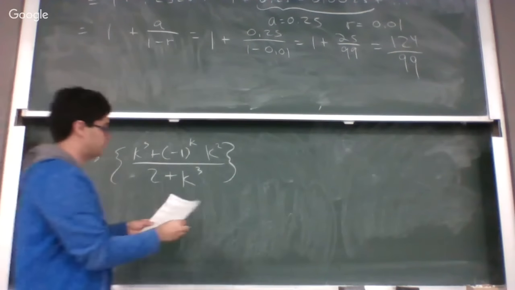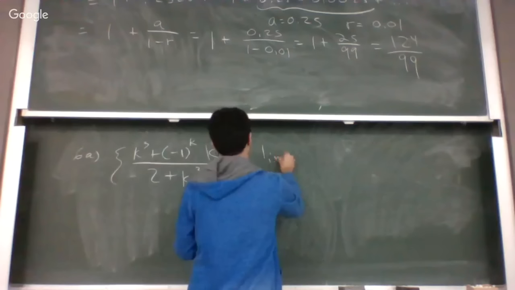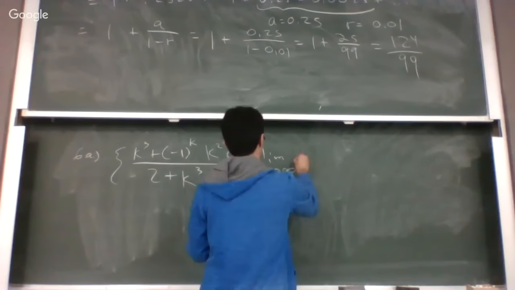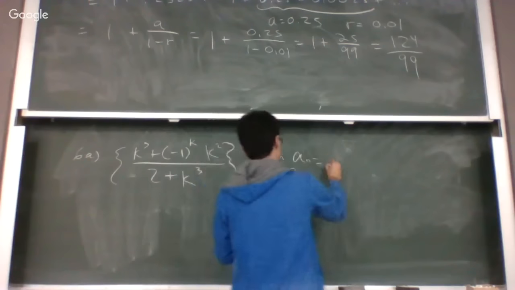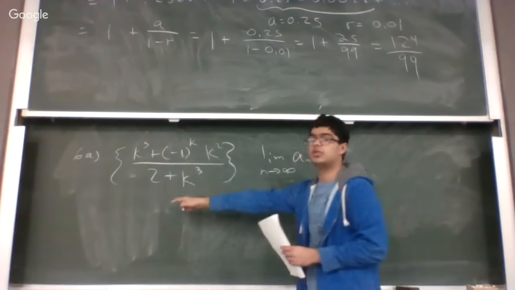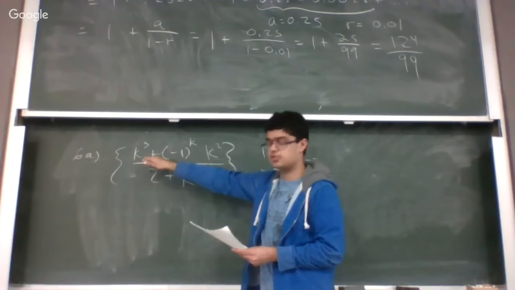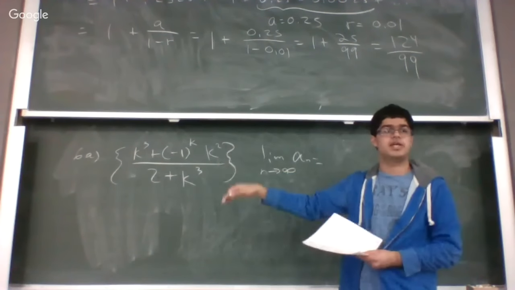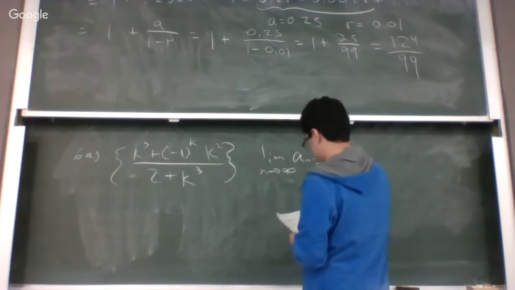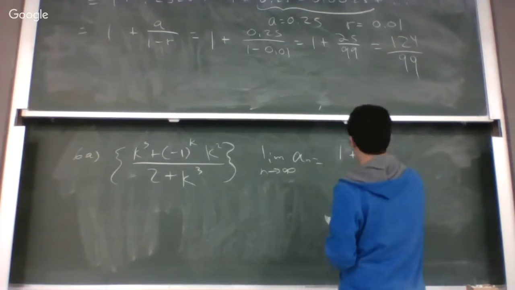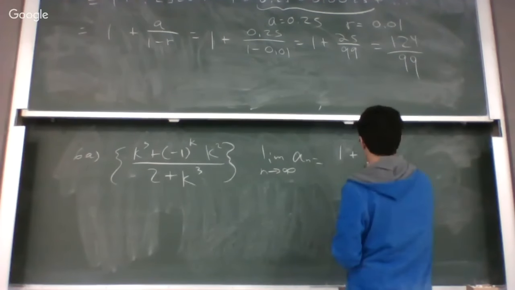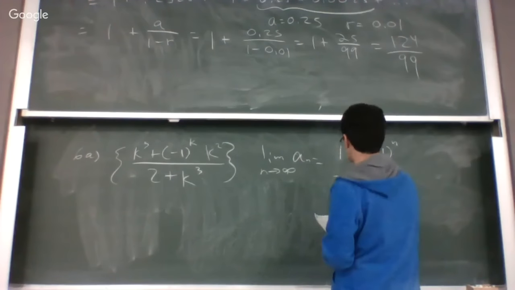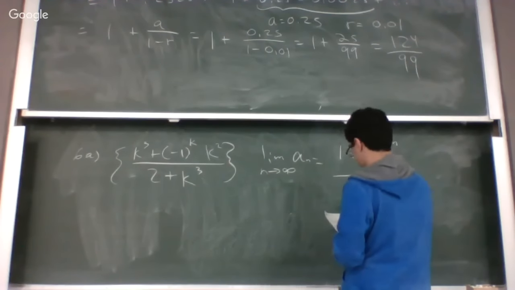What we do is the limit as n approaches infinity of a sub n. k cubed is the term with the highest degree, so we divide everything by k cubed to get 1 plus (-1) to the n power divided by n, all divided by 2 divided by n cubed plus 1.